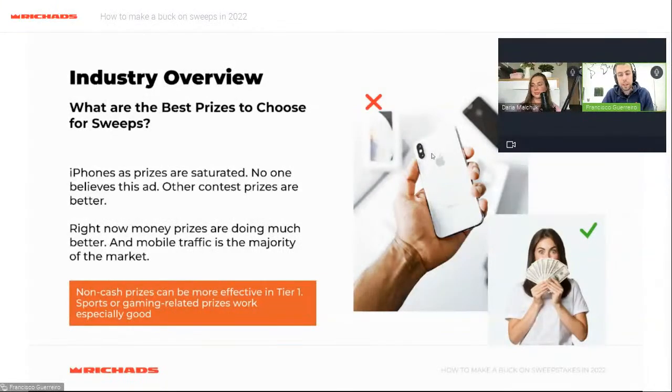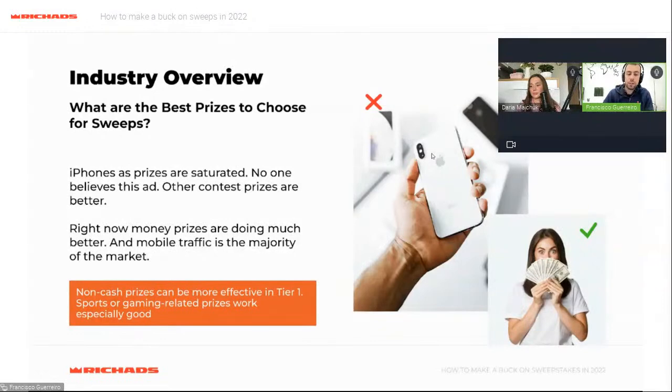Of course, I also say the same thing as Dasha said earlier, which is that mobile traffic is the majority of the traffic of this market. It was interesting because she spoke about the 80-20% rule, and this is something that I will also explore later, not just on the traffic, but also in other tips and benefits that you will see in this vertical.